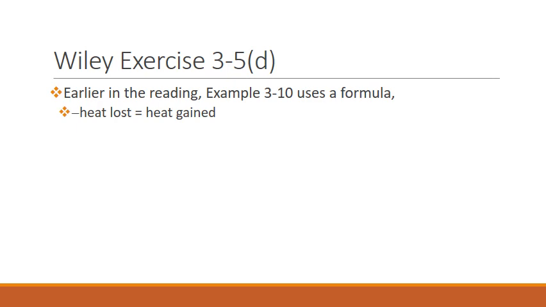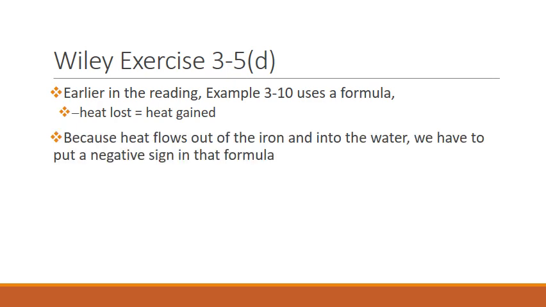Earlier in the reading, we see a formula that negative heat lost equals heat gained. That matches our common sense. We have to put the negative sign because heat flows out of the iron and heat flows into the water. If you don't put that negative sign in, your answer's not going to make any sense. And we'll show that when we plug in numbers.